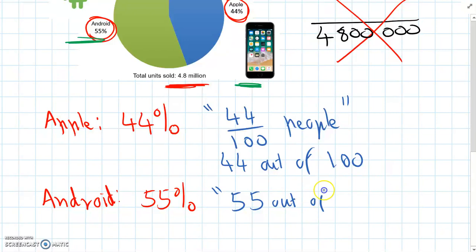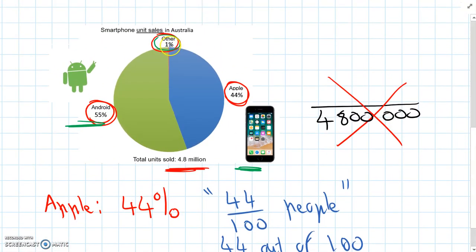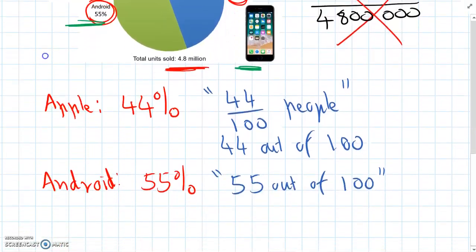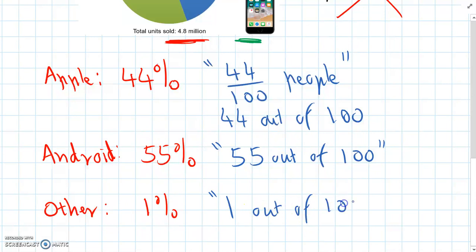So 55 out of 100. And that means there's only 1% left over, which is all the other brands. So only one person out of 100 people buys a different brand of phone.